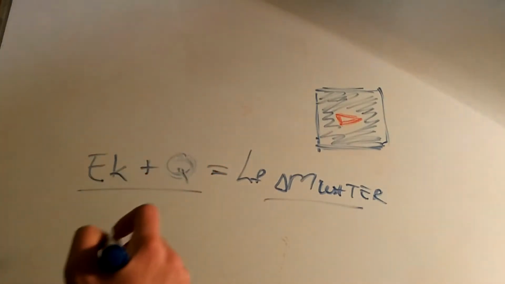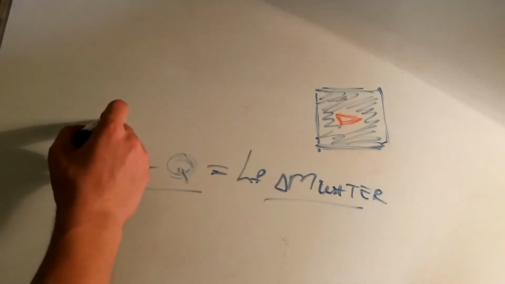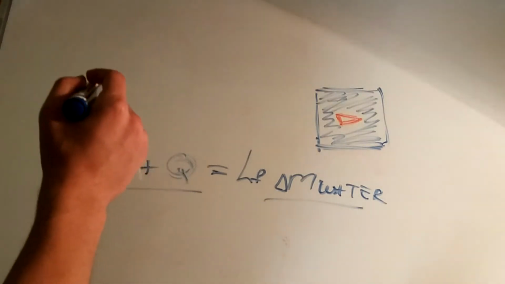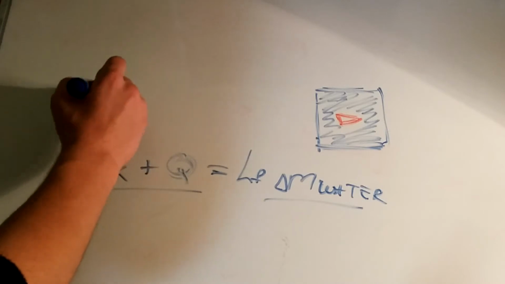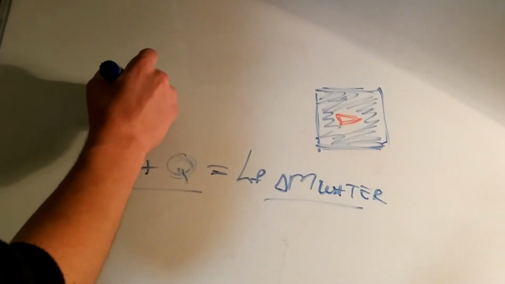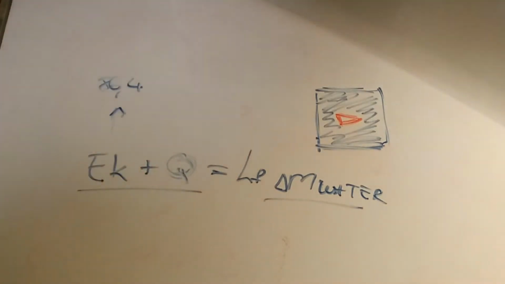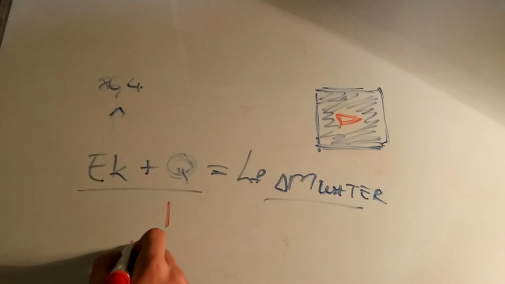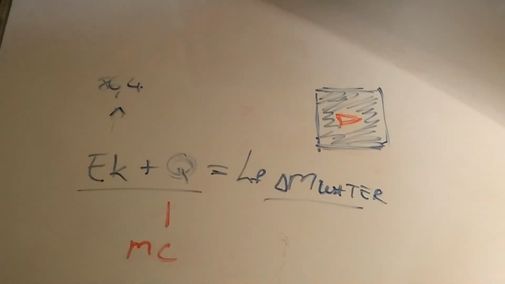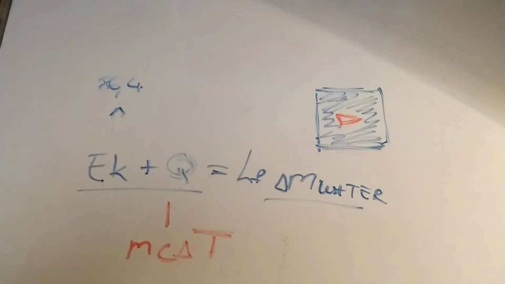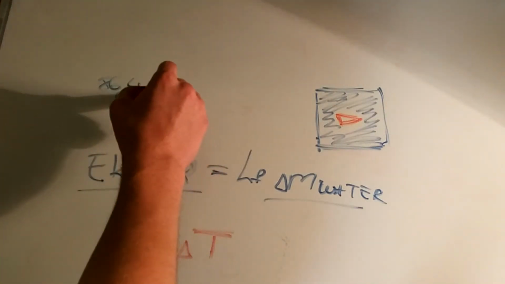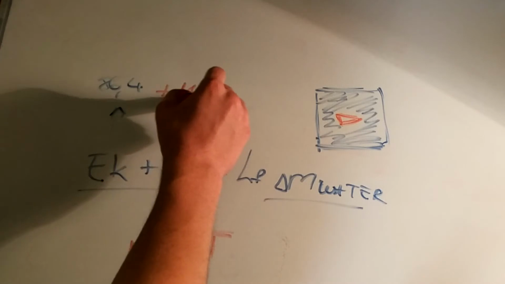Now if we plug in the values, the kinetic energy is equal to 86.4 joules. For the heat that will be dissipated, this will be equal to the mass of the bullet times the specific heat of lead times the temperature difference, which is 30 degrees Celsius, and this will be equal to 11.52.